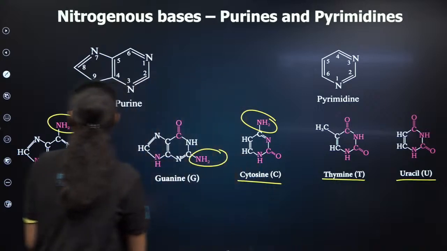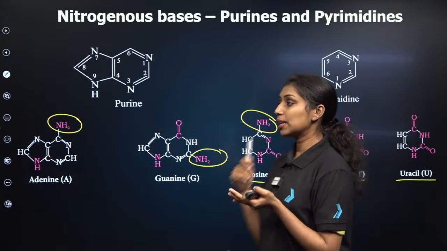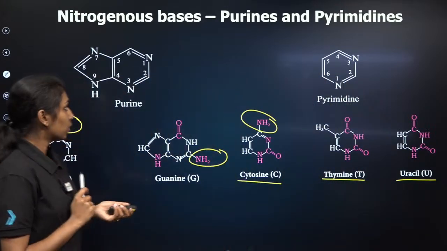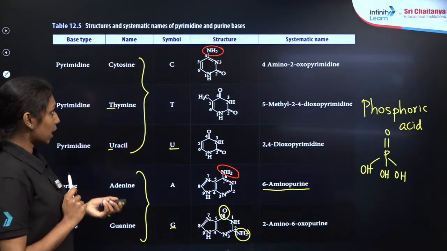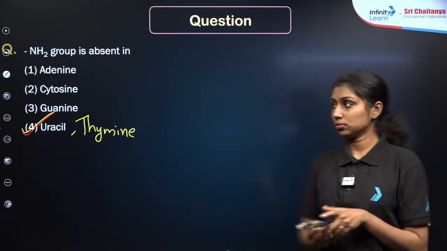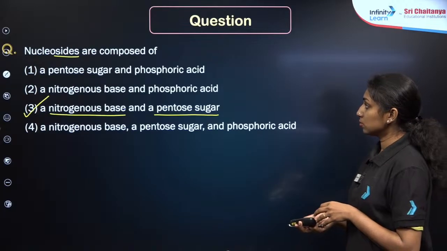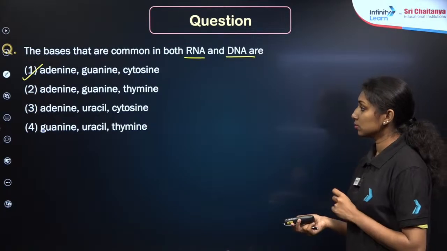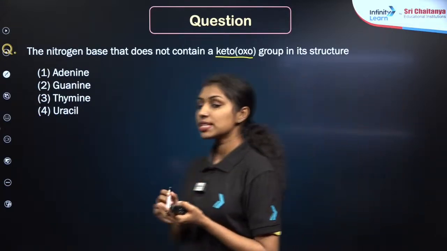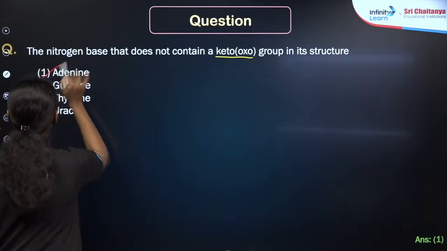The only nitrogenous base which does not have the oxo or keto group is adenine. So the structure of nitrogenous bases is very important. Option 1, right? Yes, adenine will be the correct answer here.